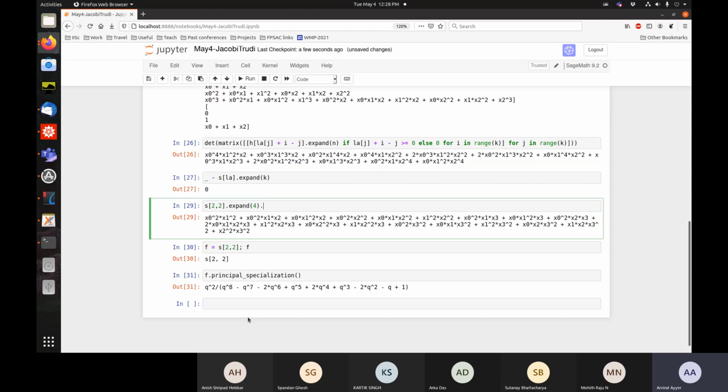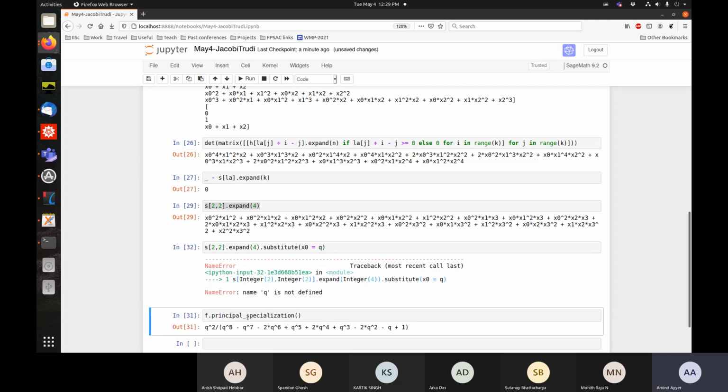If you want to substitute variables, you use the command substitute, and let's say x0 equals q. Let's just see what that does. No, it doesn't. Okay, so let's say var q, x1 equals q squared.